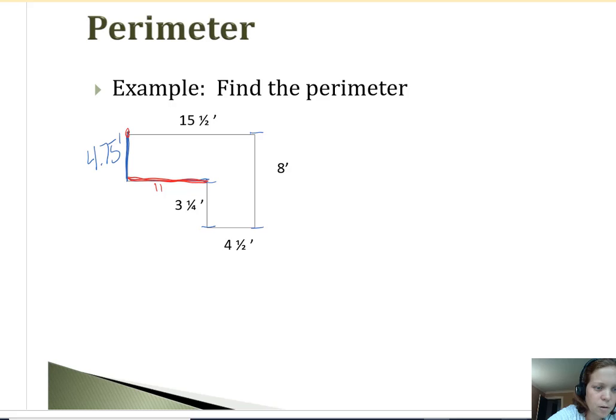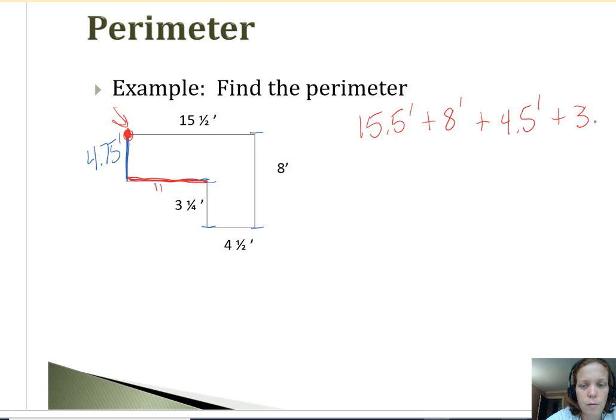Okay, so the way I'm doing this, I can't really just use a formula. I would have to just pick a starting point. Let's say this top left corner. I'm just going to go around 15.5 feet plus 8 feet. I'm just going all the way around the shape. Plus 4.5 feet, plus 3¼ feet.